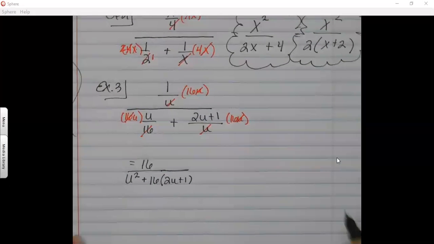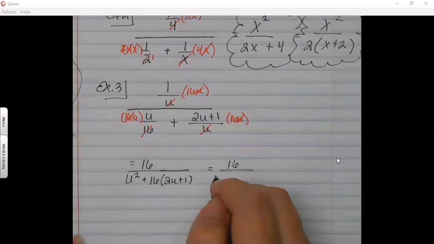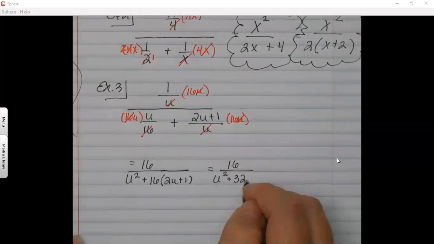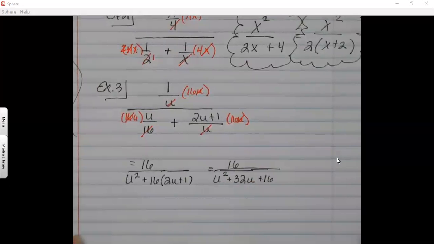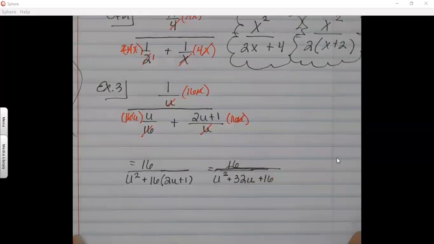So I get 16 divided by u squared plus 16 times 2u is 32u plus 16. Now, if I could factor that, I would need two numbers that multiply to get 16, add to get 32. 8 times 2 is 16, 8 plus 2 is 10. 16 times 1 is 16, 16 plus 1 is 17. Can I factor that? No. That's all we can do.